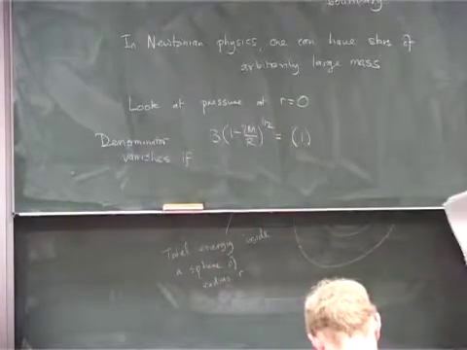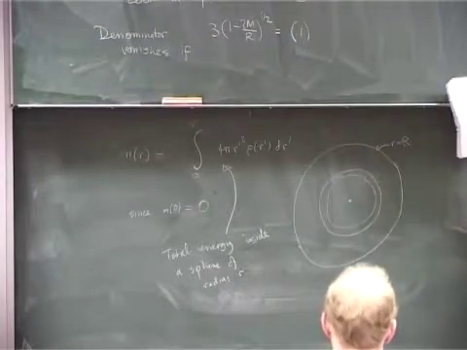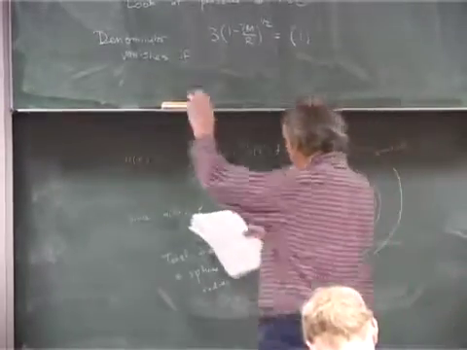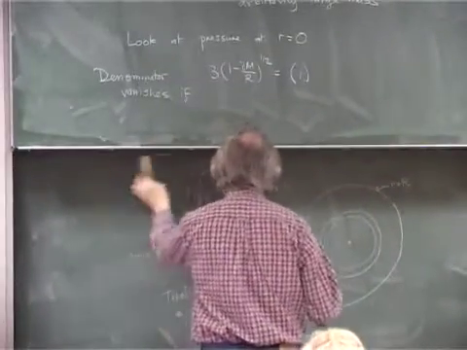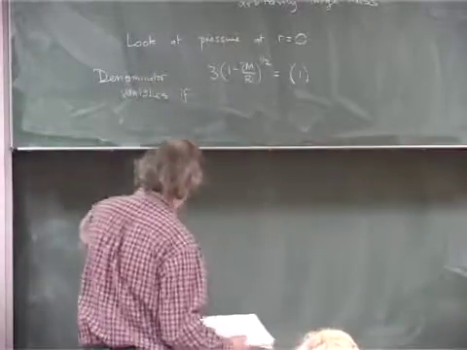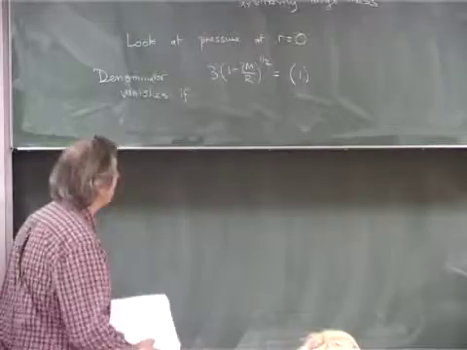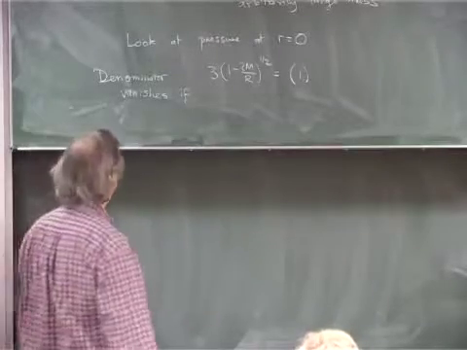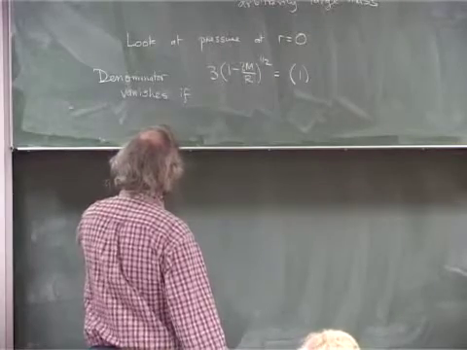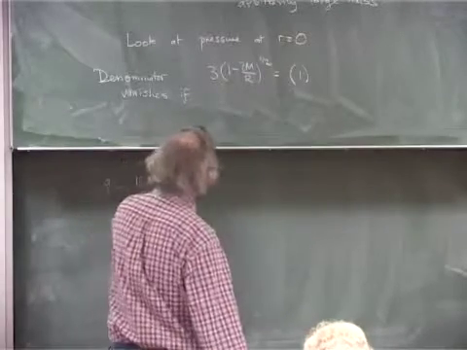What does that mean? Well, let's put things back into sensible language. I think the thing to do is to square this. It reads 9 minus 18m over r equals 1.